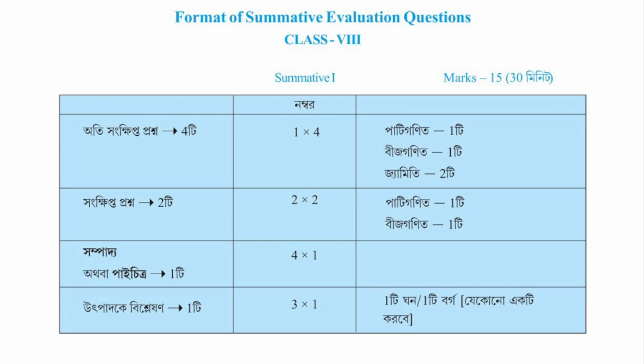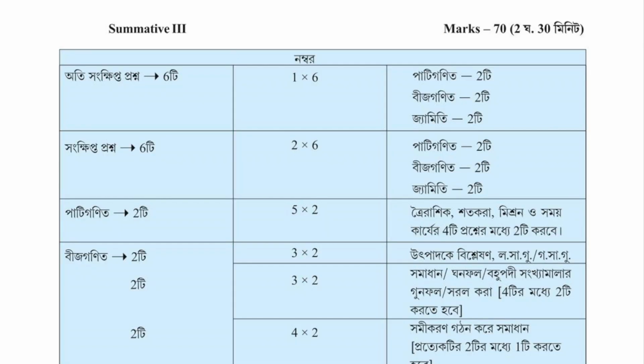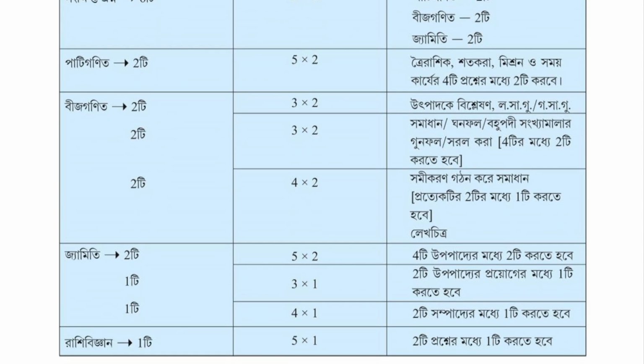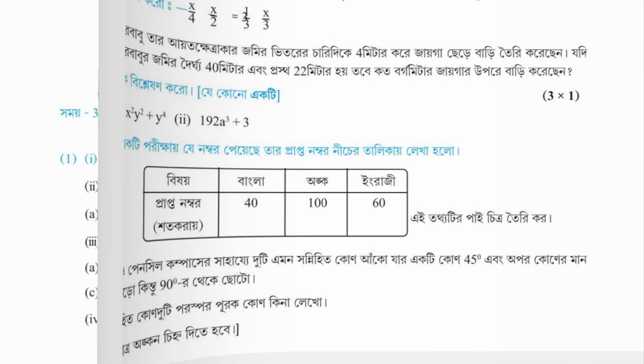This is the first summative sample blueprint for class 8 mathematics, and this is the format of summative evaluation questions. This is the sample blueprint of the second summative mathematics question paper, and this one is the third summative mathematics question paper blueprint. Full marks is 70. This is the first summative sample mathematics question paper for class 8 students.